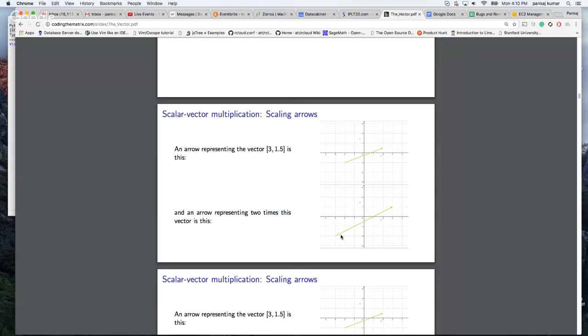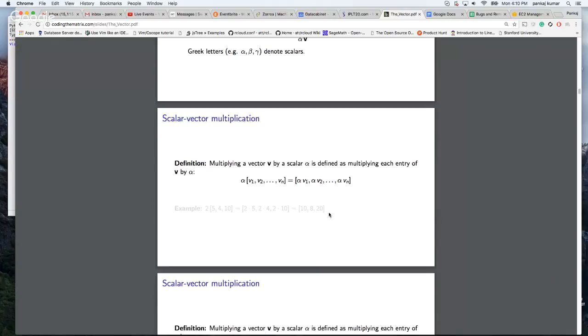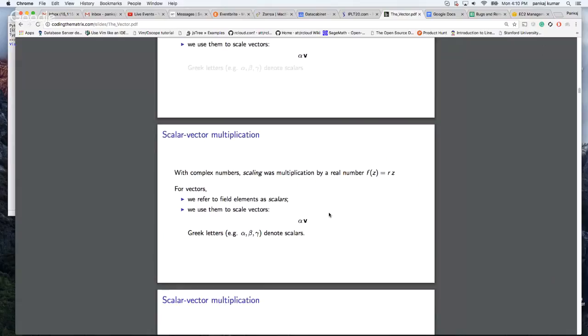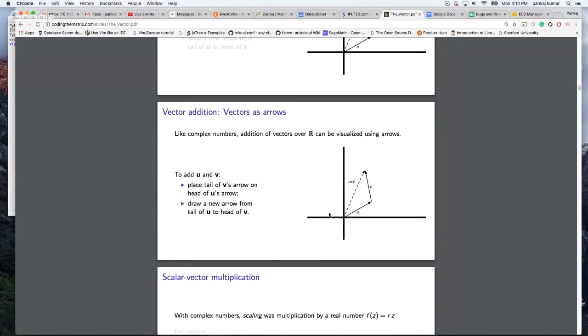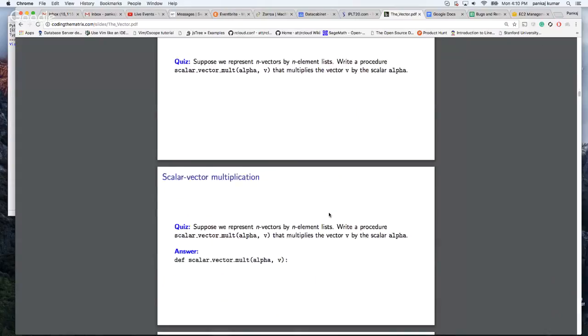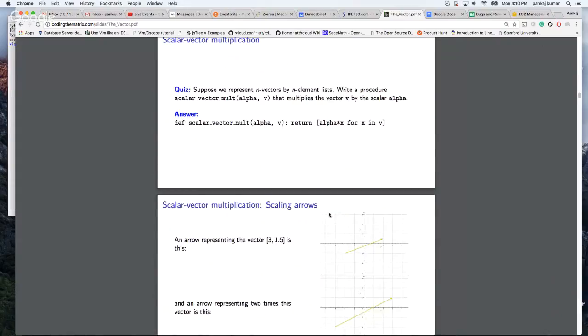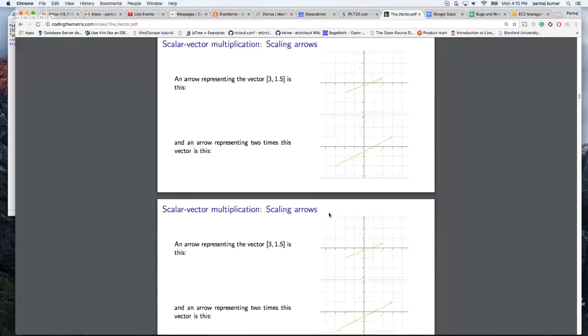That's the only thing, and you can place it on any origin. So that's the scalar-vector multiplication. Let me see if there is anything I missed. Okay, scalar-vector scaling arrow.